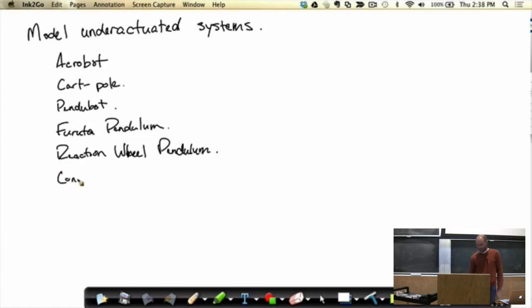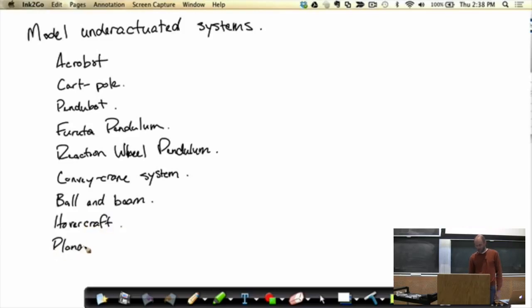Something called a Convey crane system. I want to list some of them just so if you've seen this work, you'll connect the dots. The ball and beam is another classic one. There's a hovercraft model people talk about. And then there's what used to be called planar VTOL, that nowadays we should just call a quadrotor, because that's what everybody likes, quadrotors, okay?